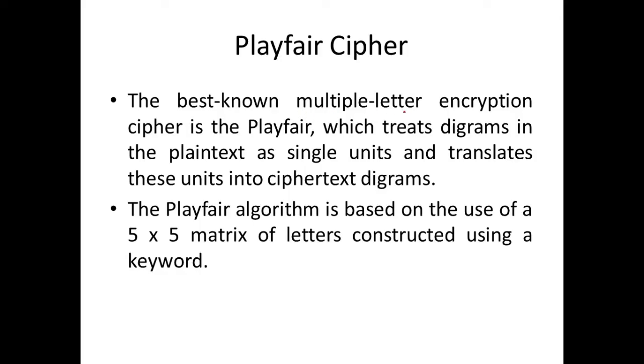It treats digrams in the plain text as single units and translates these units into ciphertext digrams. In your plain text, you take two alphabets together, and that makes a digram. The main concept behind the Playfair algorithm is that it uses a 5 cross 5 matrix, and using this matrix, encryption and decryption happens.